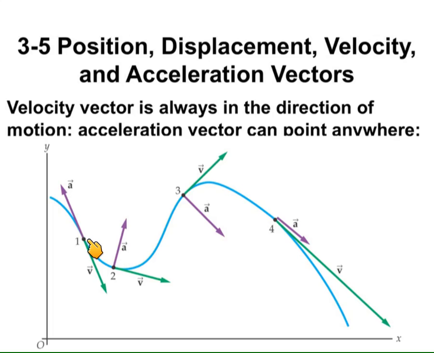Because the acceleration vector and the velocity vector are opposite to each other, right? If the acceleration is in this direction, that means the velocity is changing in that direction, but this direction is the opposite direction of the motion of the object. So obviously the object decreases its speed.